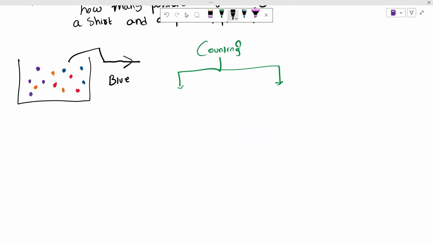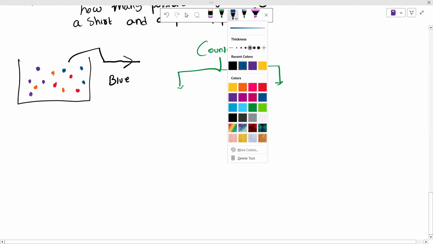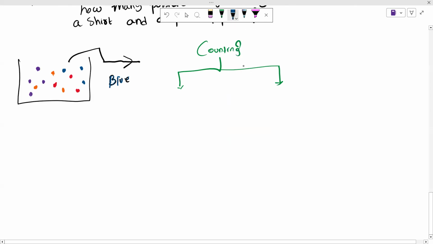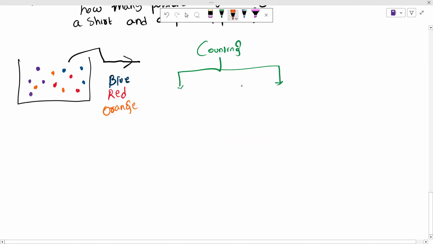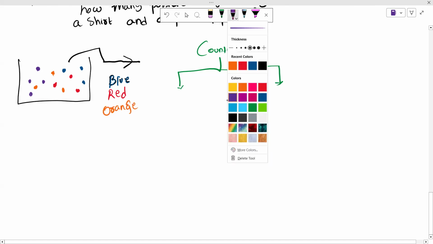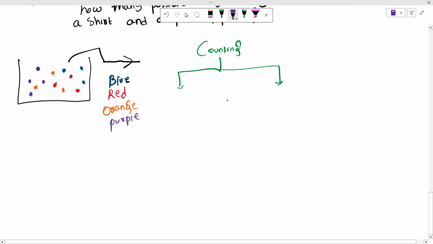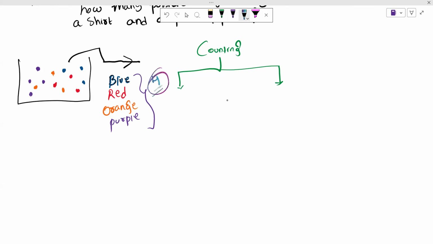Next there is a red ball also. Then there is an orange ball, and then there is a purple ball. Is there any other ball? No. So the answer will be four different colors.